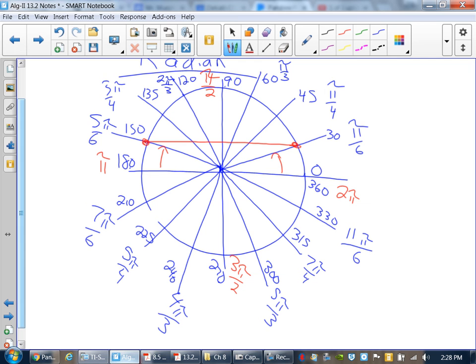Take any degree measure, 45, slap a pi next to it, and divide it by 180. Simplify. 45 is 1/4 of 180, so you got pi over 4.